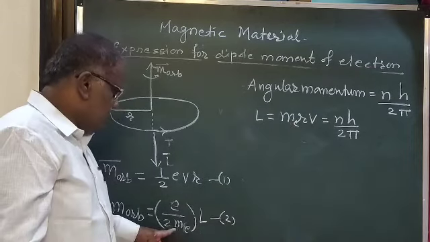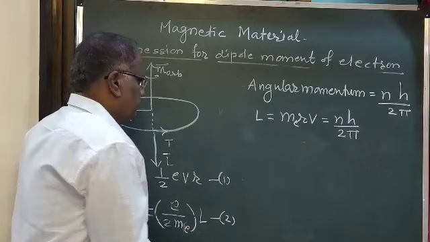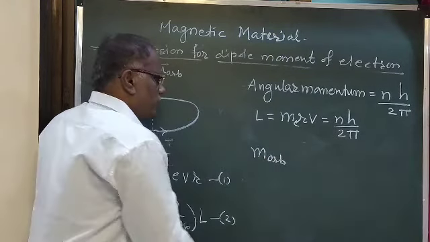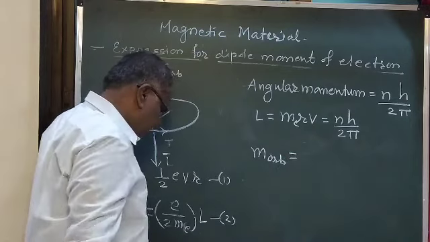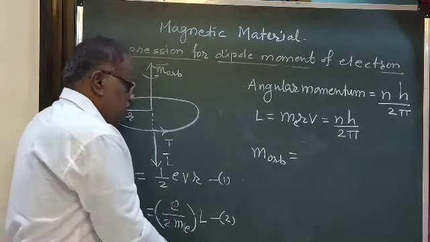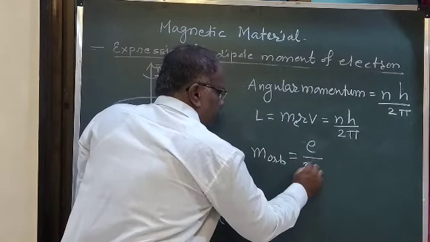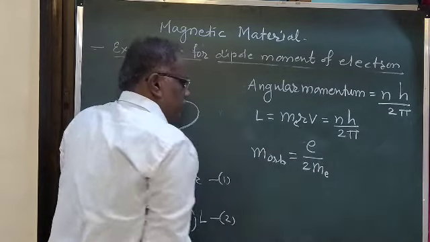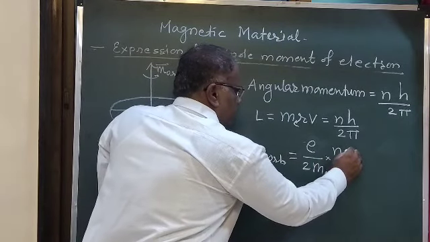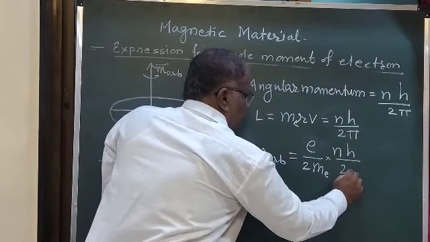Keep this value in this equation. What do we get? The magnetic dipole moment of the electron is equal to e upon 2 m multiplied by L. L means nh upon 2 pi.